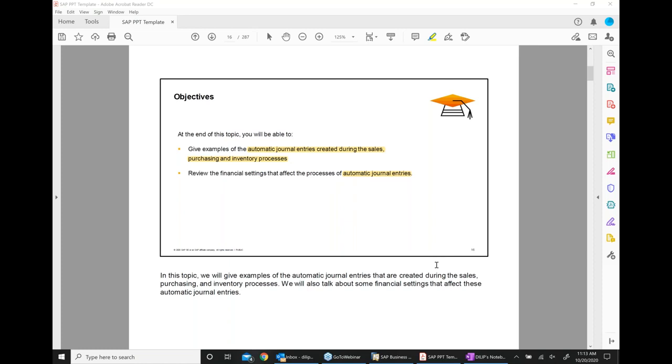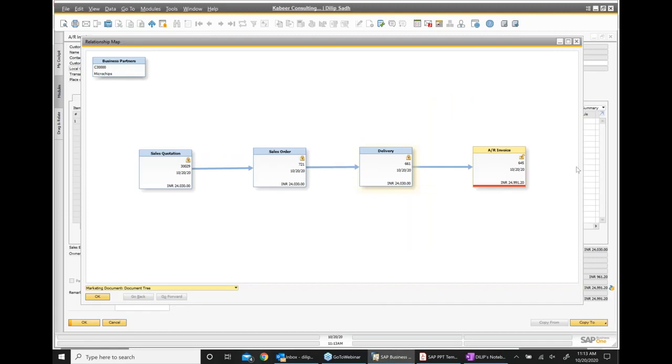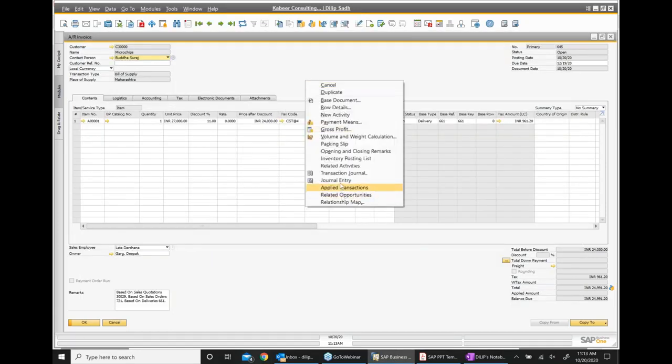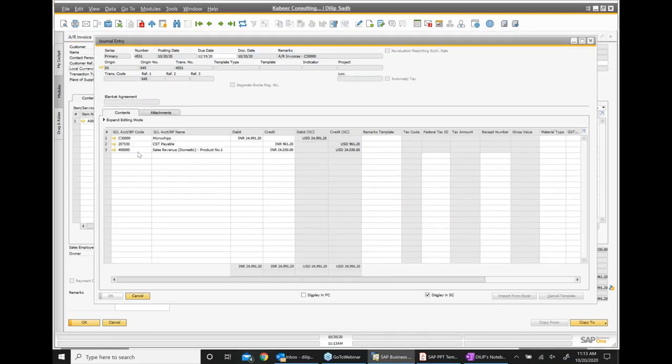At the time of implementation, they use their own GL. So your question is basically: if my revenue account is 4000, is every company going to use this 4000? That's your question, correct?